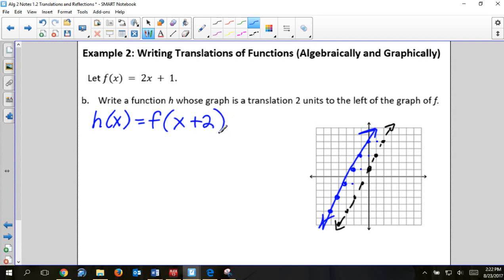And then when I have f of something, that means replace x with that. So my next step looks like h of x is equal to, I'm going to take this function, and I'm going to take out x and put in x plus 2. So I'll have 2(x plus 2) plus 1. Wherever there was an x, I replaced it with x plus 2.